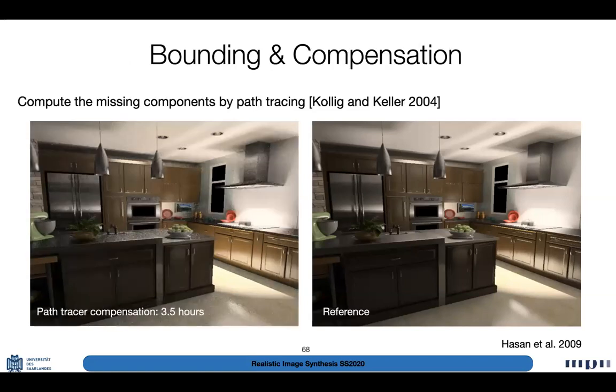Or let's say if you want to do the compensation by, for example, the Kollig and Keller method, on the left side, the image was generated after 3.5 hours or so. This was done by Hasan and colleagues in 2009. So the timings are reported for the machines which they used 10 years ago.